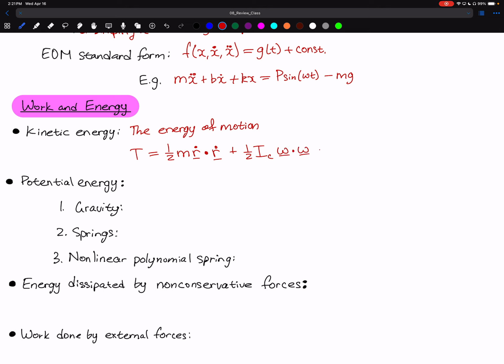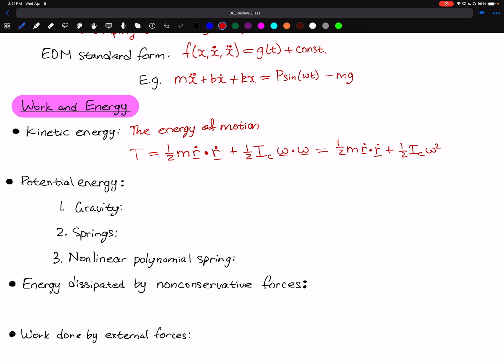And since we really only dealt with planar motion specifically, this becomes 1/2 m times r dot dotted with itself plus 1/2 I_C times omega squared, where omega is the angular velocity of the body.